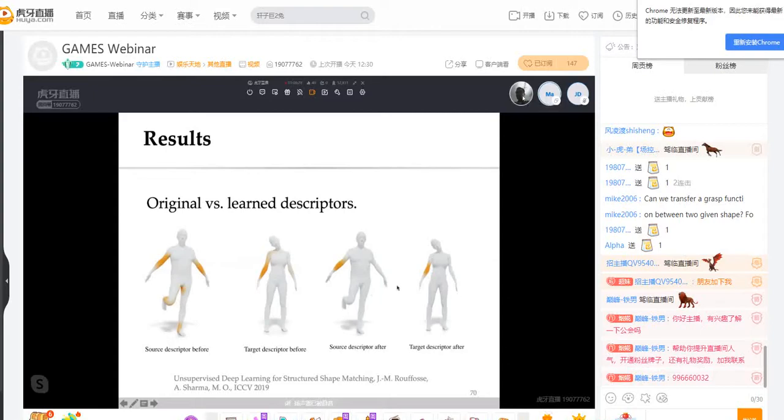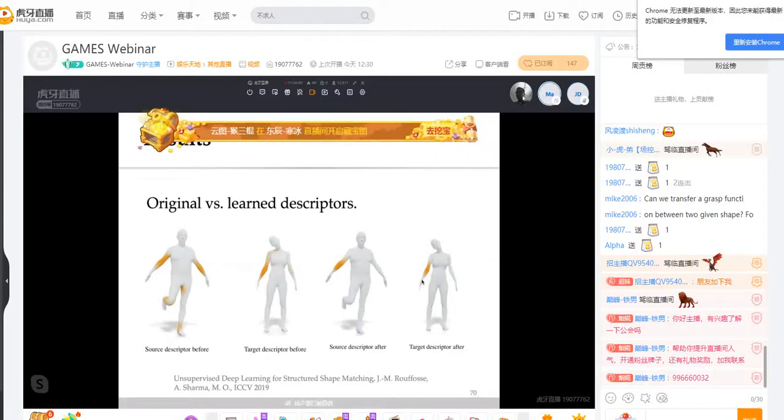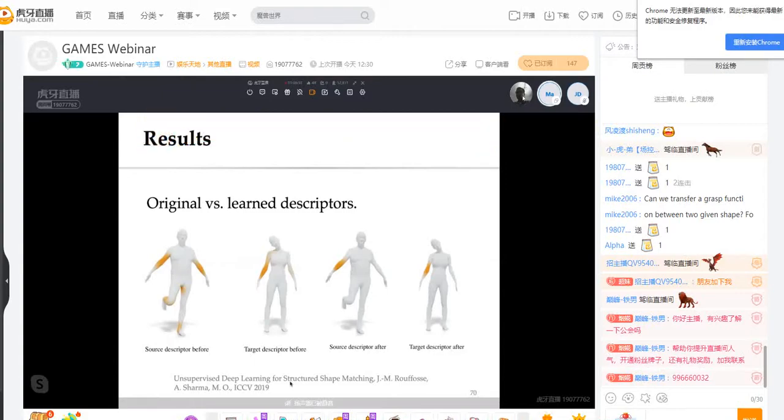What's interesting, I think, is that this method never has seen the ground truth correspondence, but somehow learned that the descriptors should be approximately like this, so they should be consistent with respect to this correspondence through all of these different penalties that we impose. I think that's quite interesting. This is a work that will appear in a couple of months at ICCV.